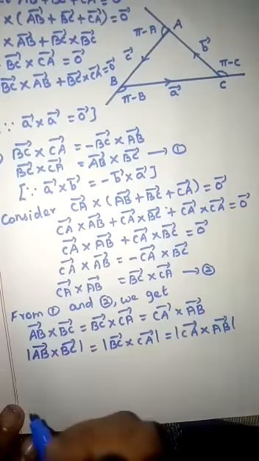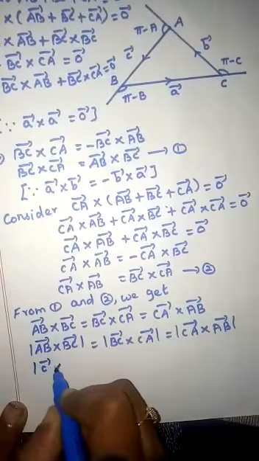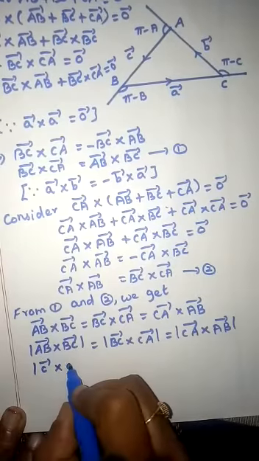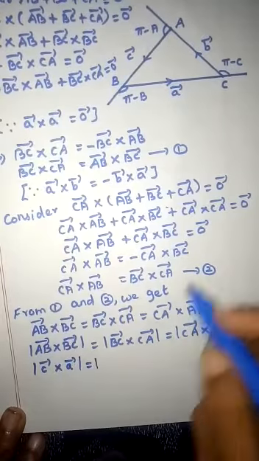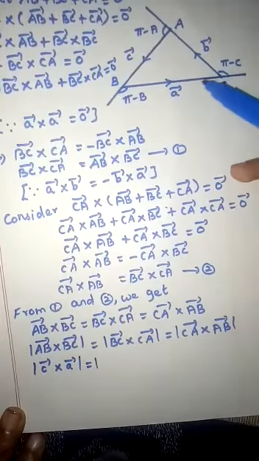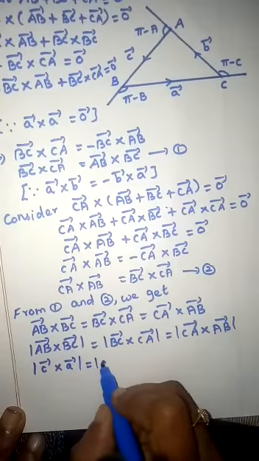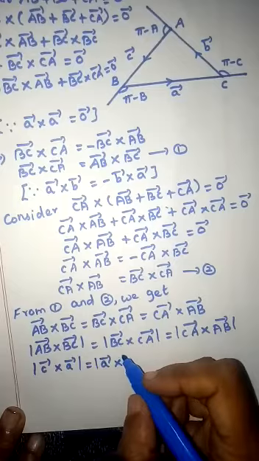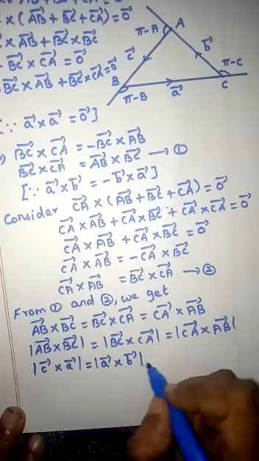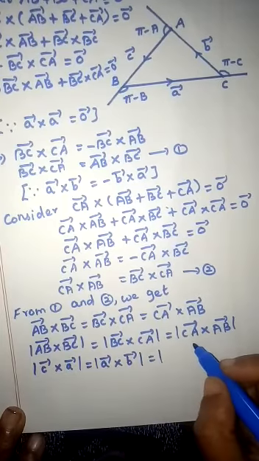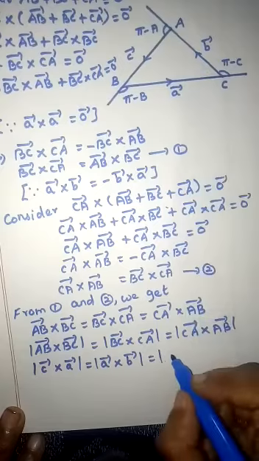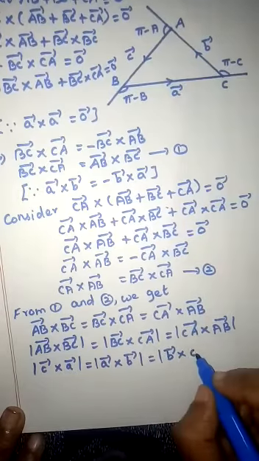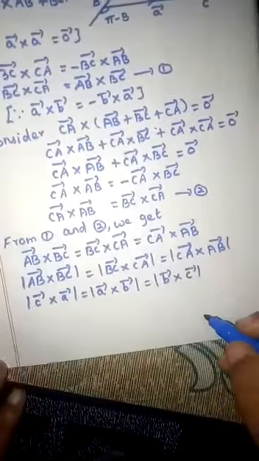So you can write here modulus of C vector cross BC vector. BC vector is A vector, equal to modulus of BC vector cross CA vector, which is A vector cross B vector, equal to modulus of CA vector cross AB vector, which is B vector cross C vector. Okay, so like this we have.